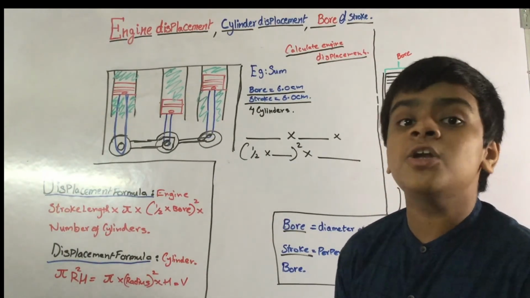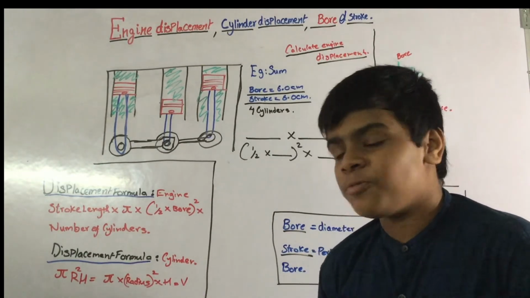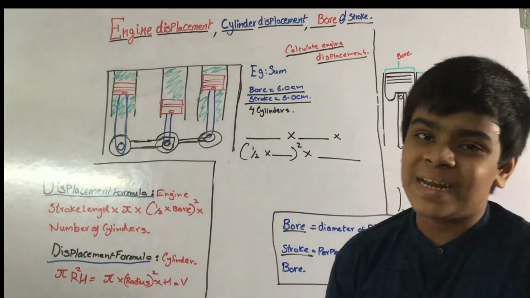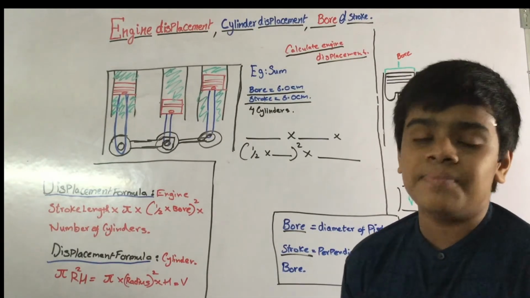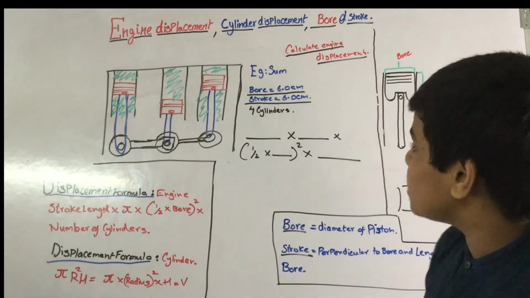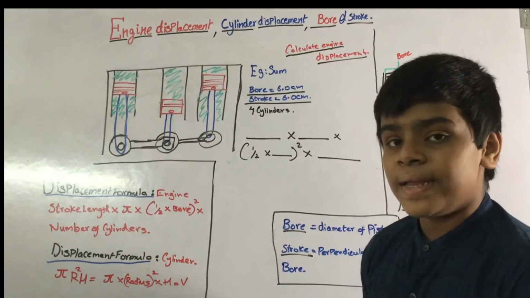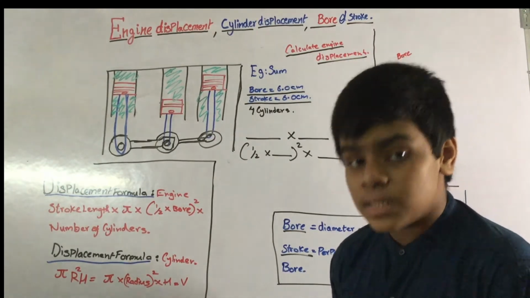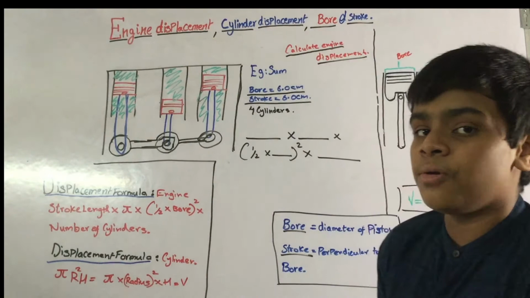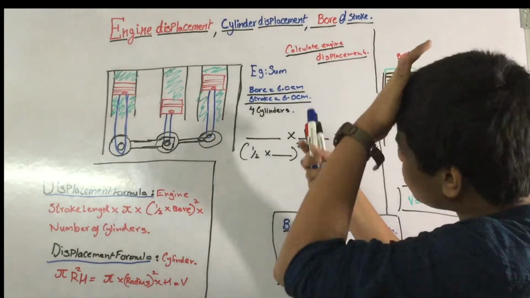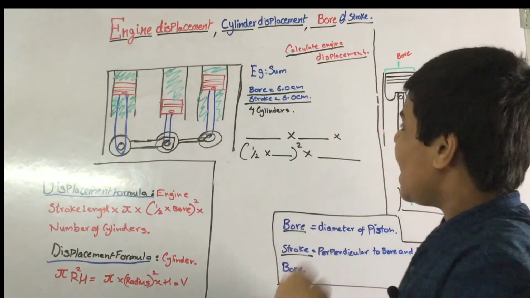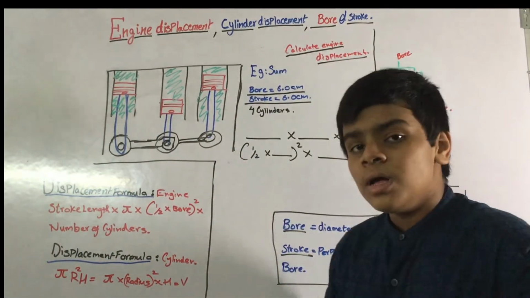If you get 1.296, you keep it as 1.3. Round it off in the tenth place. I hope you learned decimals. So the final thing: bore is 6 centimeters, stroke is 8 centimeters, and the number of cylinders is 4. Recall this one.